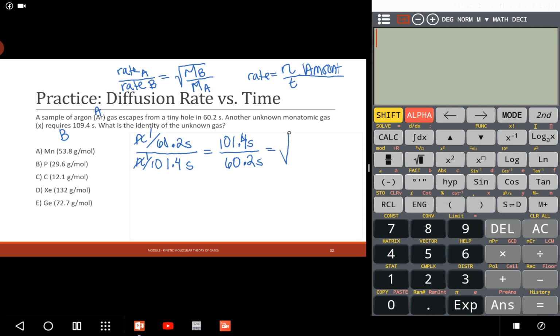This is going to be set up with the molar mass of A, argon, down in the denominator. So this is going to be my molar mass of argon, and that is 39.95 grams per mole.